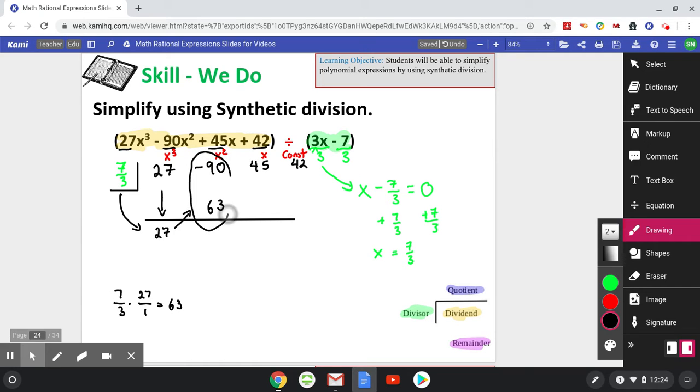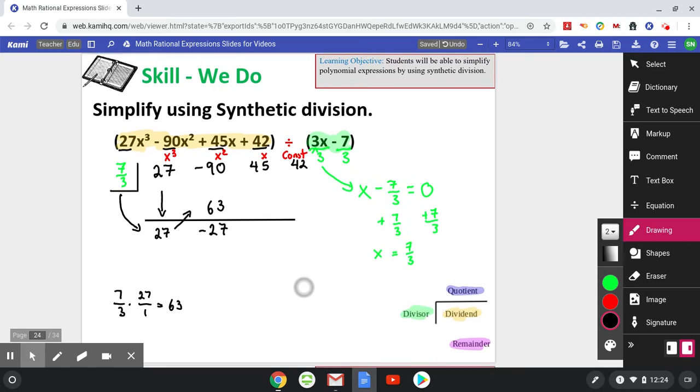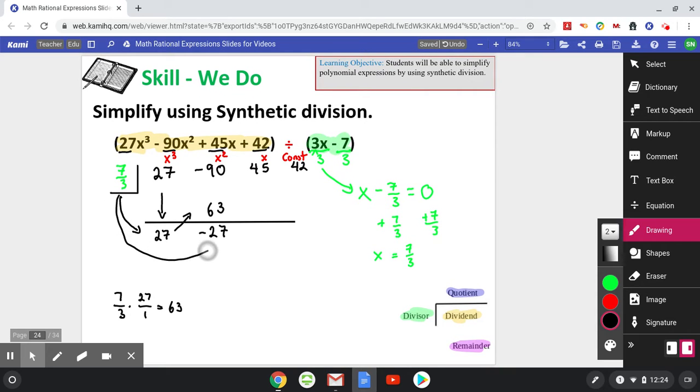Then we will be combining those two terms. Negative 90 plus 63 would give us negative 27. And we will be repeating the process. 7/3 times negative 27 would be negative 63. Combine the 45 minus 63, that would give us negative 18.